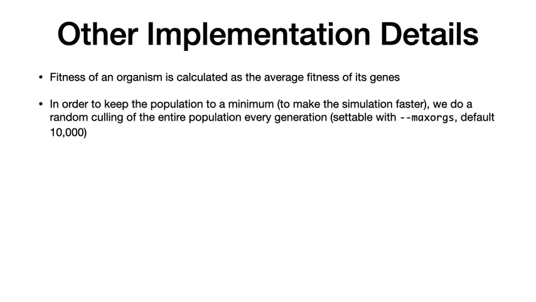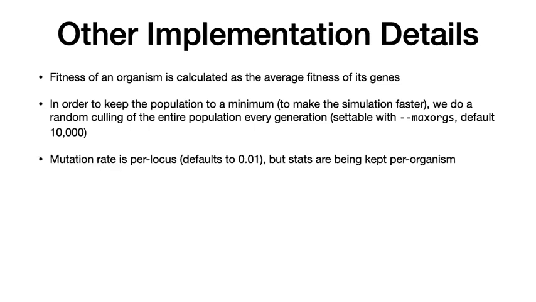In the next generation, the 5,000 that have a fitness of 1 will generate 5,000, and the 5,000 that have a fitness of 2 will generate 10,000. So you now have 15,000 organisms, and it will randomly select 10,000 of those. The random selection will maintain the general population dynamics, but the maximum ceiling will keep the processor from dying.